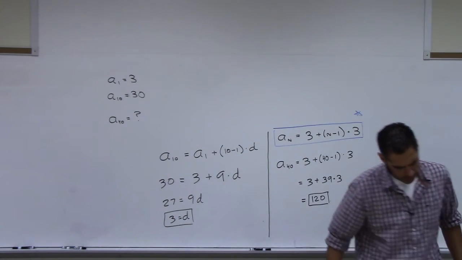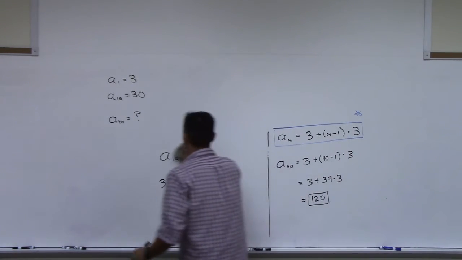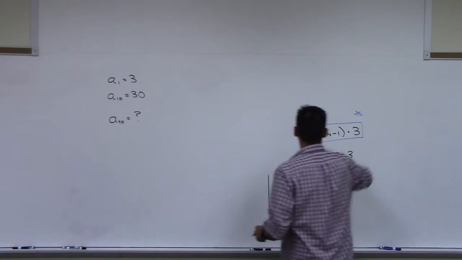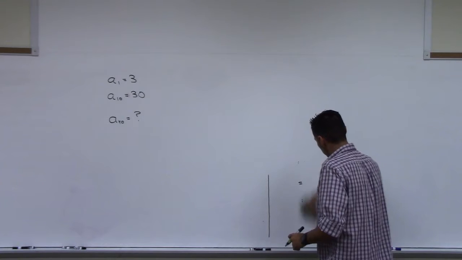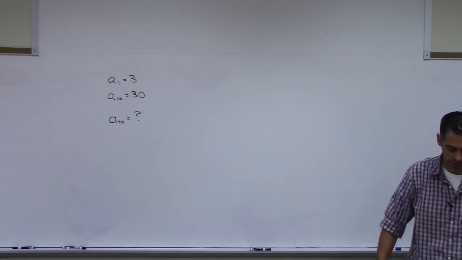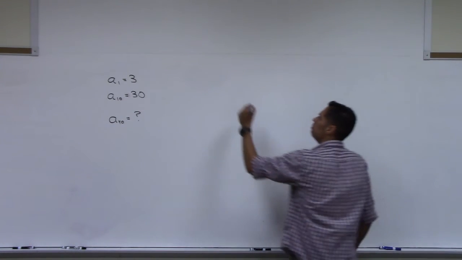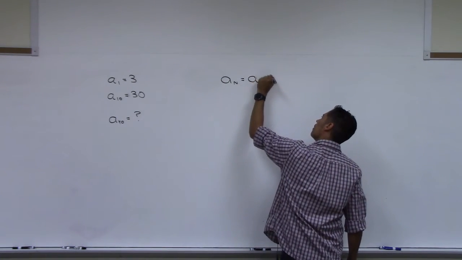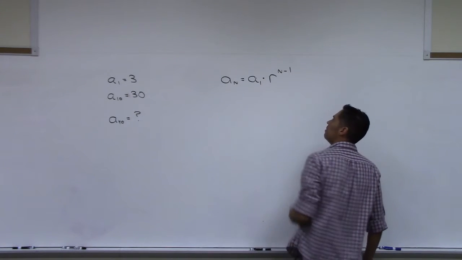They want the 40th, right? Okay. So what formula can I use to try and get this solution here, if this is a geometric sequence? Yep, I'm going to use this.